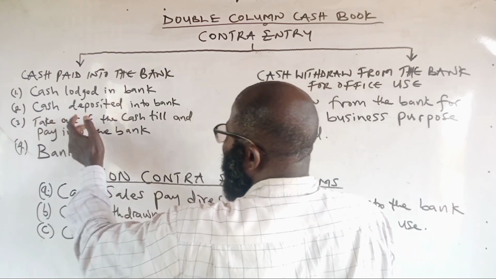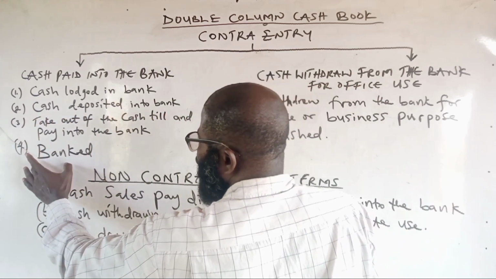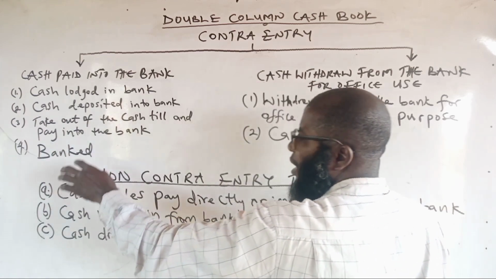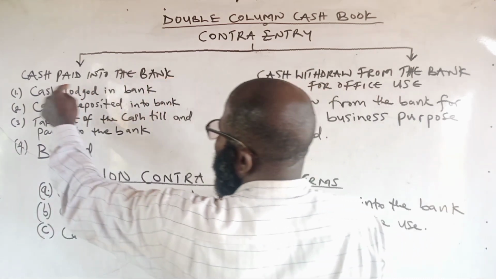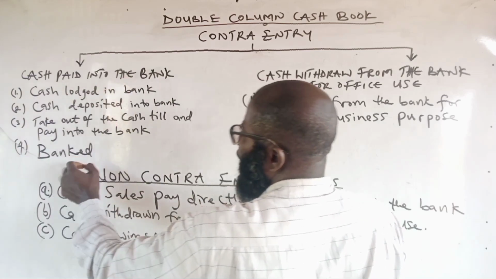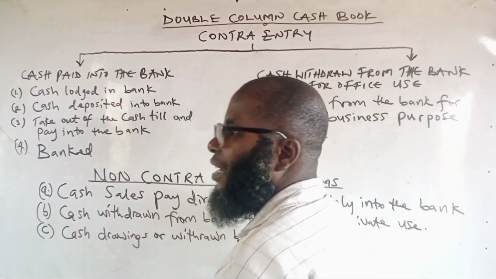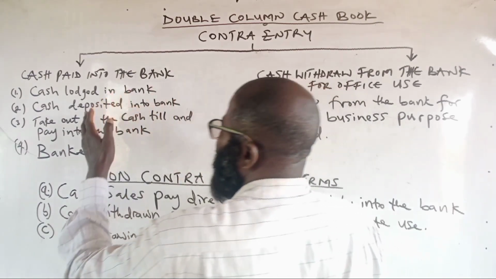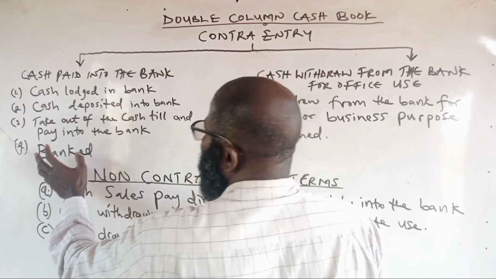Number 3, taken out of the cash till and paid into the bank. Then they can also use the passive voice: "banked" simply means cash was taken from the cash account and deposited into the bank account. That is the meaning of this.